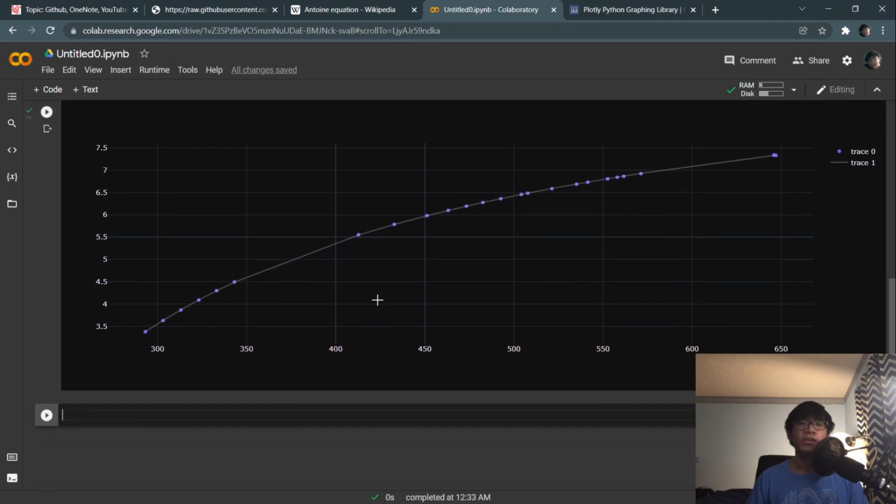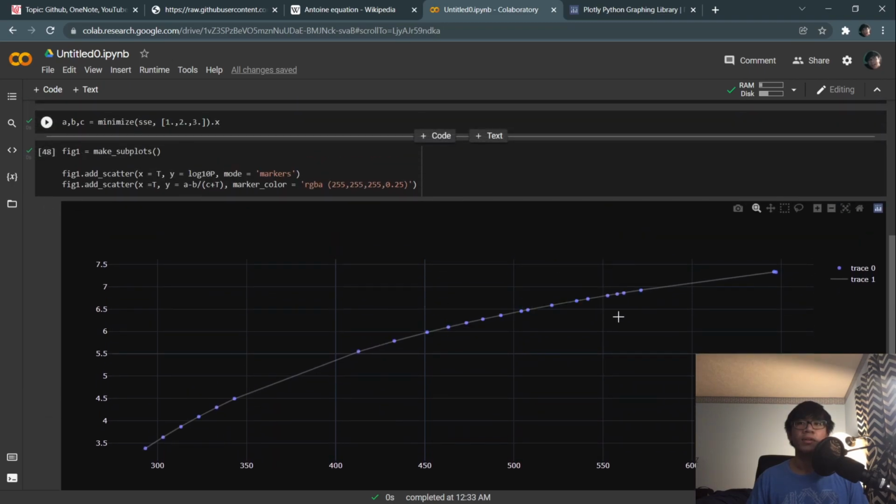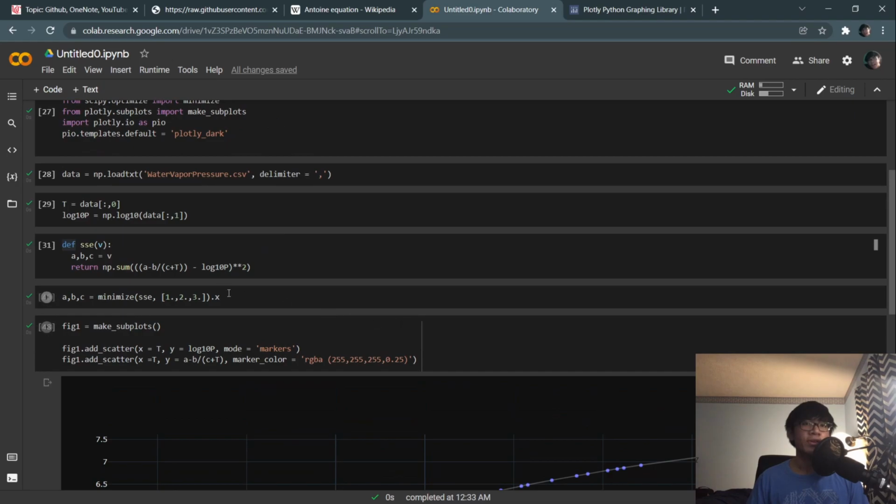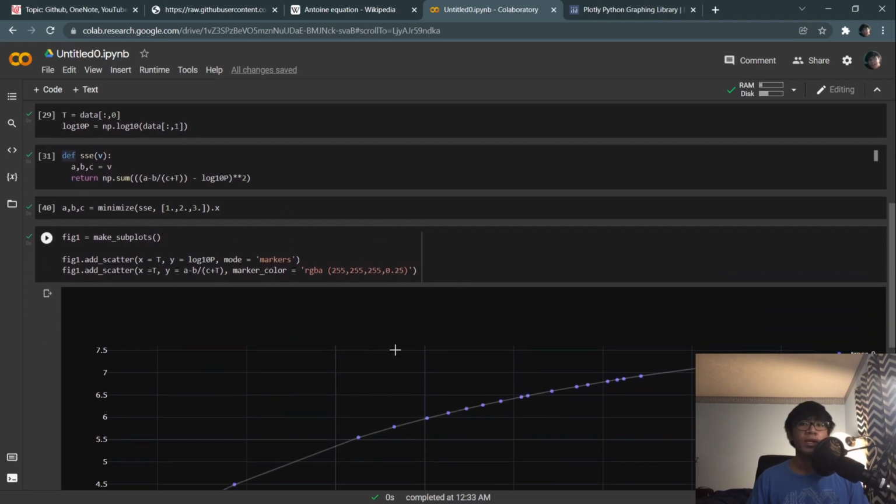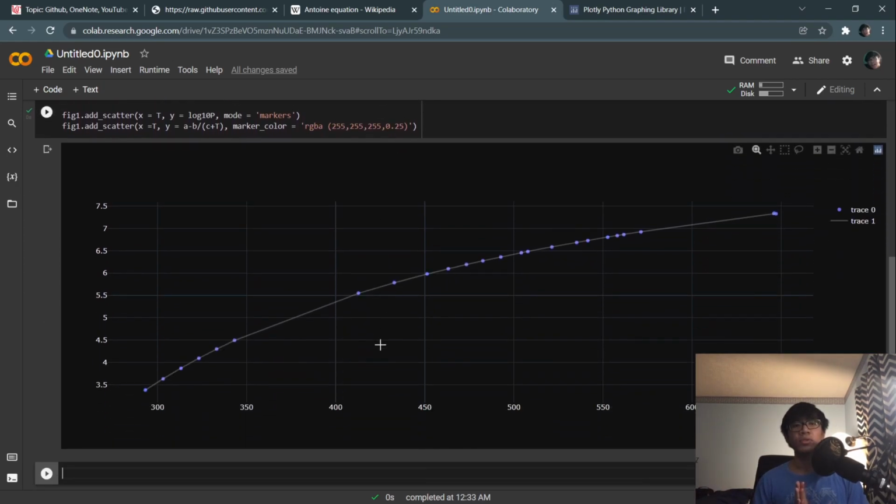That is our nonlinear fit data after minimizing our sum square errors. Next, we should do a linear regression of our data, and that's going to involve fitting our data with a model. It's going to be represented in a matrix.